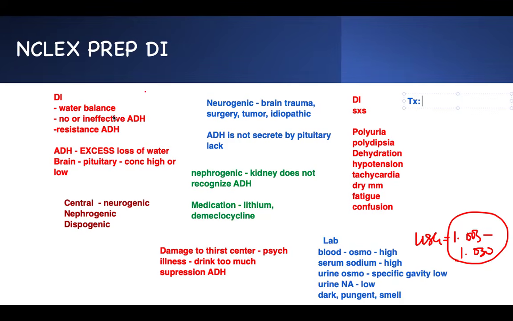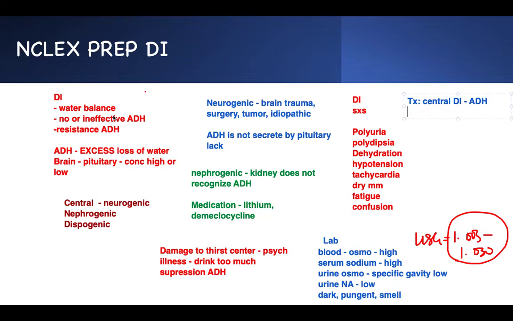Neurogenic, that is what they will also call central. Central DI, that's what everybody knows. Central means your brain is not making ADH. Therefore, if it's not making it, the treatment is to give the individual ADH. That's number one. Give them the ADH.